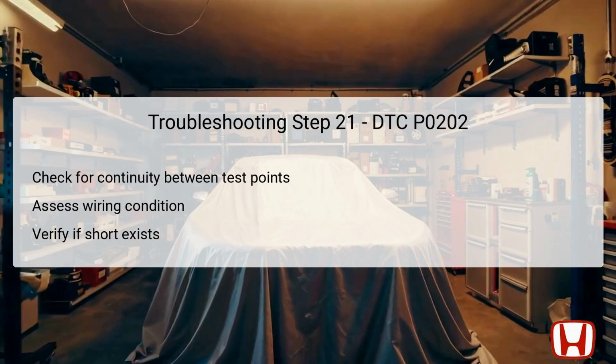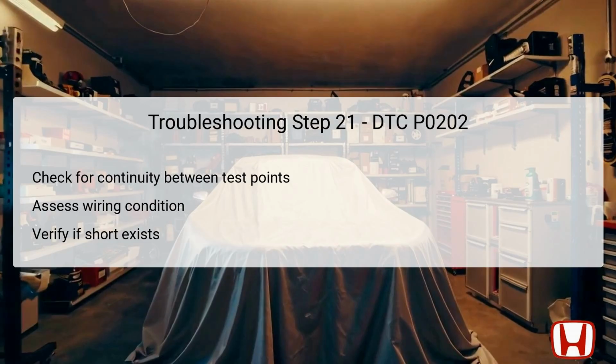For step 21, you're tasked with checking for continuity between the specific points at injector control module connector C, 12P, number 4, and ground. This operation assesses the potential for short to ground conditions present in the INJ-F3 wire between the PCM, C19, and the injector control module.